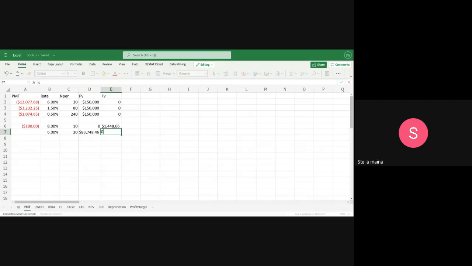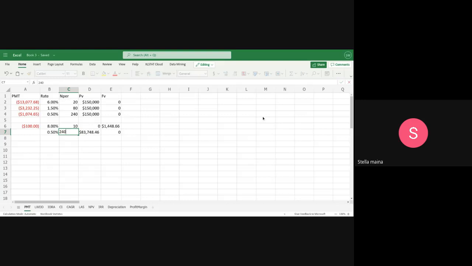So first we're going to divide our interest rate by 12 to have 0.50%. This is the annual rate, so I want it to be 0.50% monthly. And then since it was for the next 20 years, but we are finding out monthly, it will be 20 by 12, making that 240.